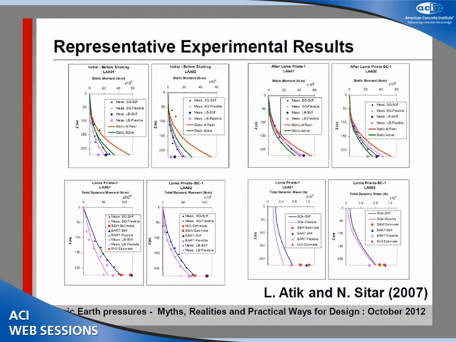This dotted figure shows just the static pressure distribution before applying any shaking to the model, and they are kind of well predicted by theory, especially if you shake the model first and then go and measure after the shaking what is the distribution of soil pressures.